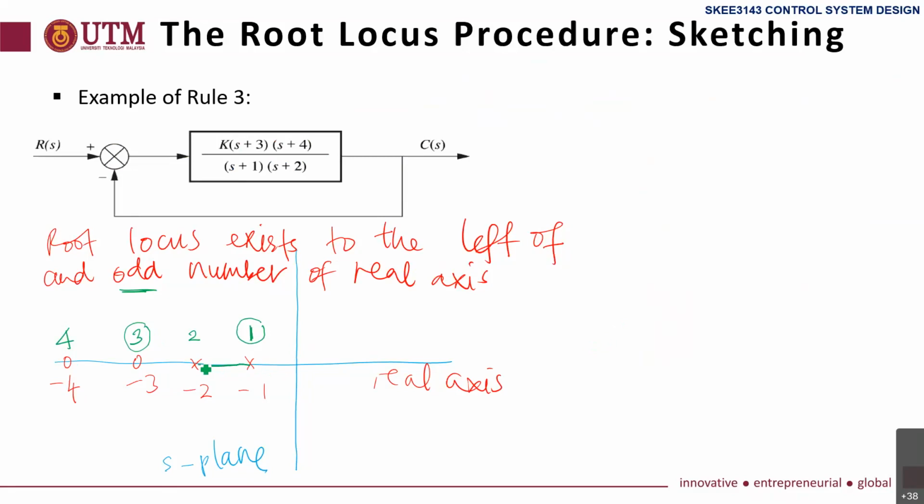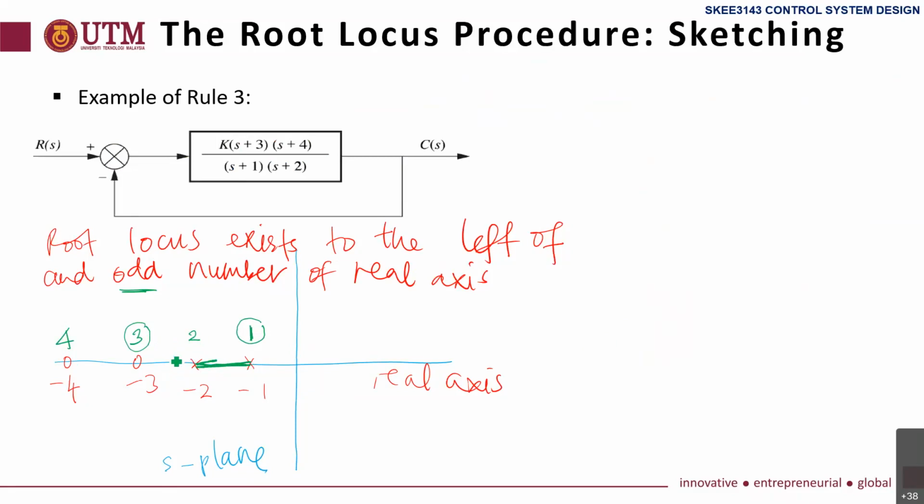This is root locus. No root locus here, because it is to the right of an odd number or to the left of an even number.